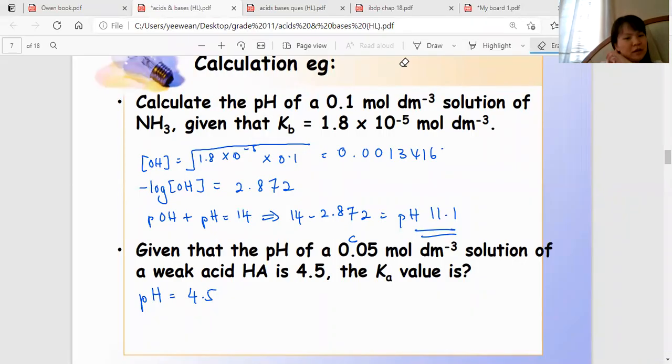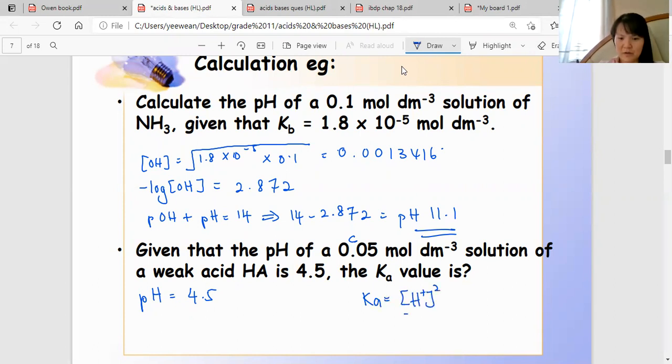Okay, the next question is about acid, but it's the other way around. This time they give you the pH is 4.5, and you need to calculate the Ka instead. So pH is 4.5, and you're going to use Ka equals H plus squared over C. So this time you want to calculate the Ka.